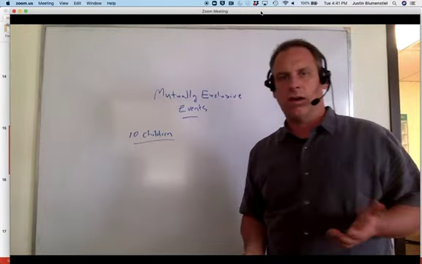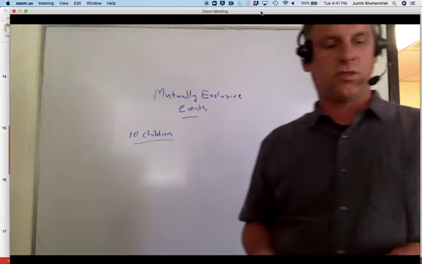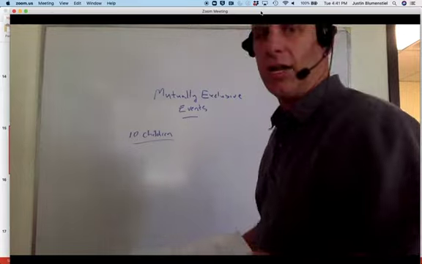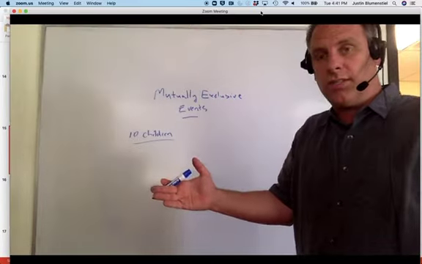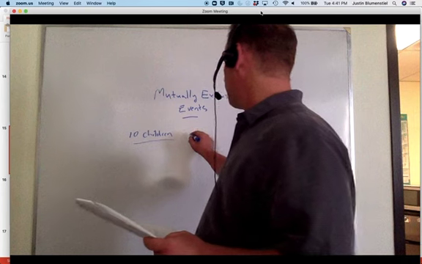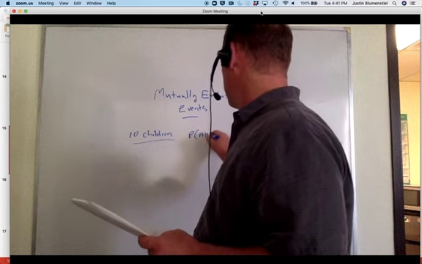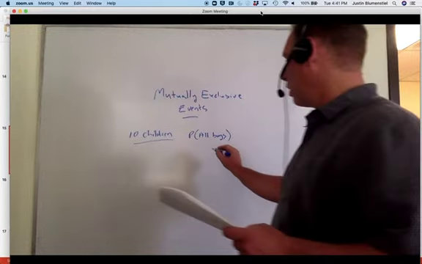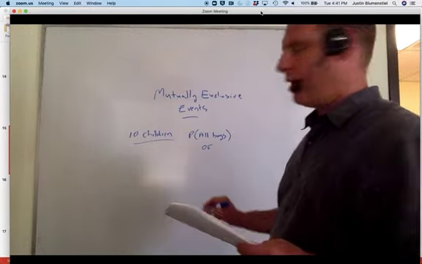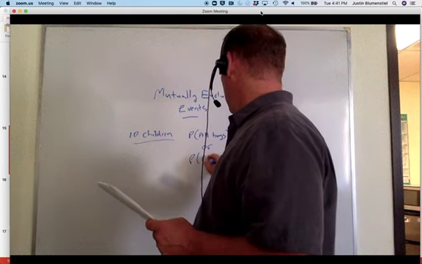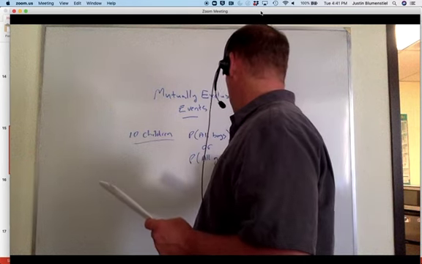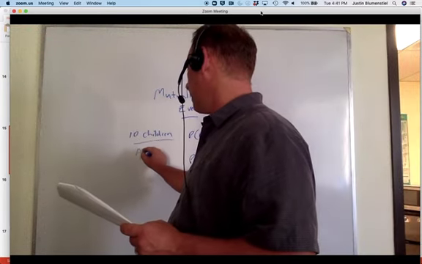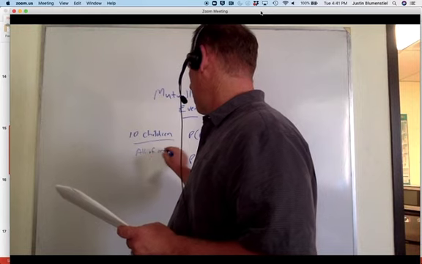I can think of 2 mutually exclusive events in which all of them have just one sex. There are 2 of those. You could have a whole run of one sex. There's 2 ways: it's the probability that all are boys, or it can be achieved in another way, the probability that all are girls. So what we're asking is what is the probability that 10 children are all of one sex?